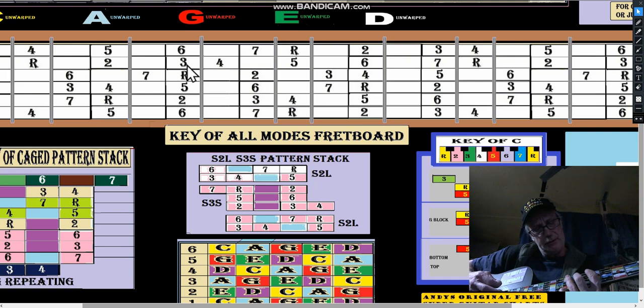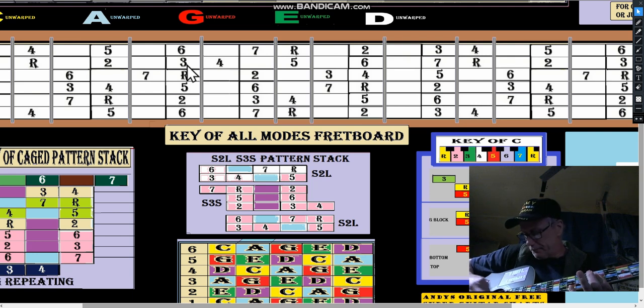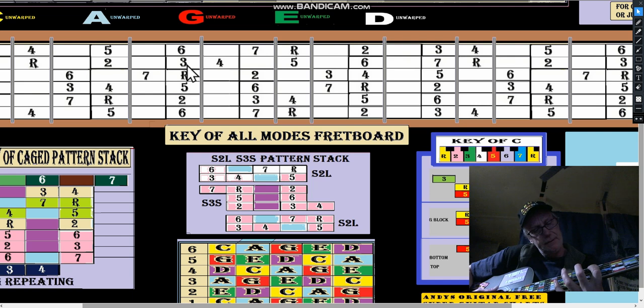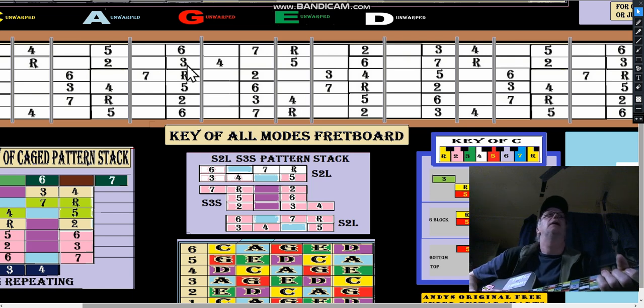I want to make all of them, so I have to press down really hard. There they are, the same ones. Okay, we'll just stick to pentatonic for now.